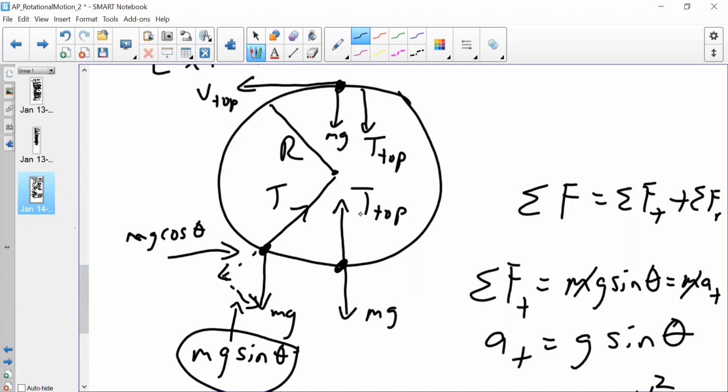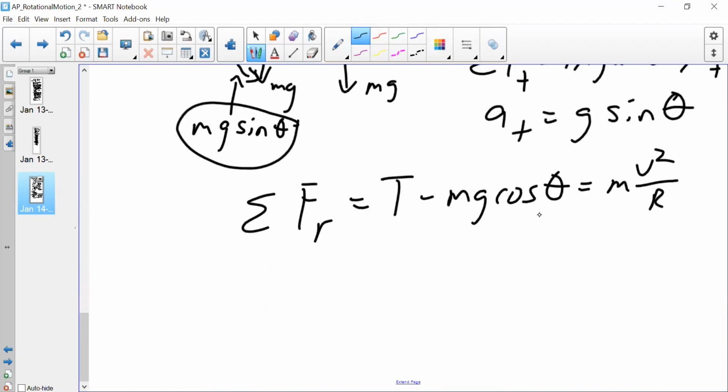Once we get the tension, we can then make an extension for what's happening at the top and at the bottom. Sorry, I wrote top twice. So like I said, it's really like an example of the last question. So let's get the tension, then we can make the substitutions for what's happening at top and bottom.